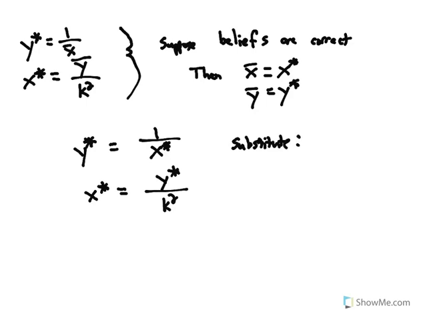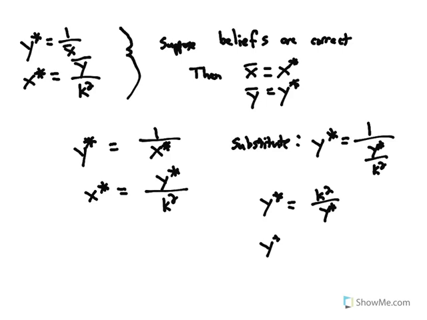Right? So we substitute, and we find that Y star is equal to 1 over Y star divided by K squared, right? So Y star is equal to K squared over Y star, which means that Y star squared is equal to K squared, and since K is positive, we know that Y star is simply equal to K. Okay?